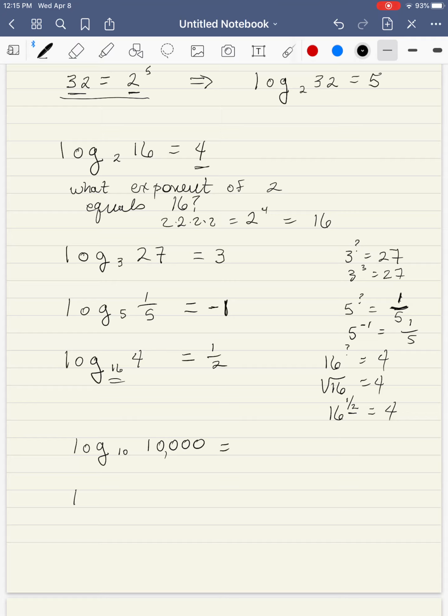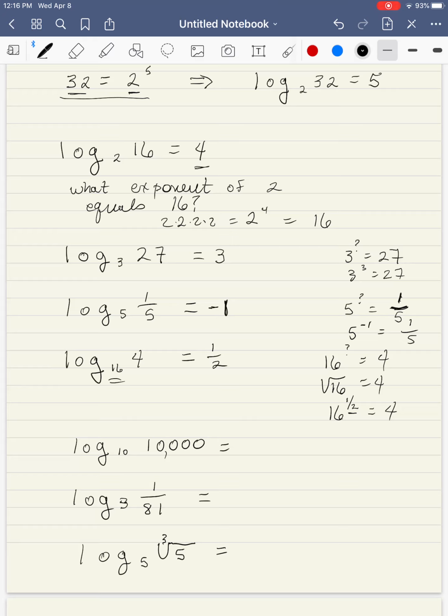Evaluate what that's equal to. The logarithm base 3 of 1 over 81. And then the logarithm base 5 of the cube root of 5.